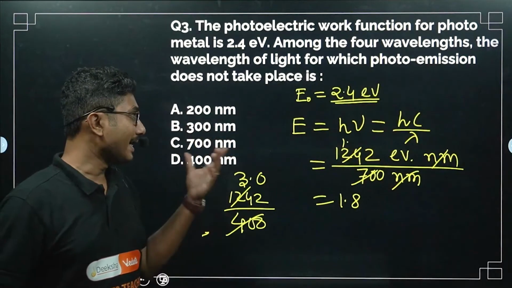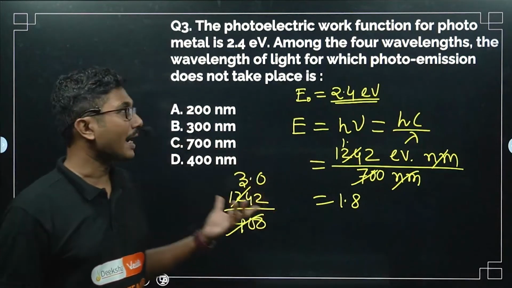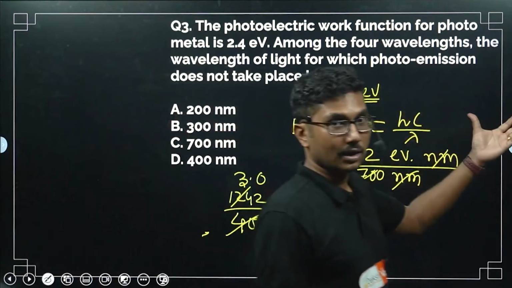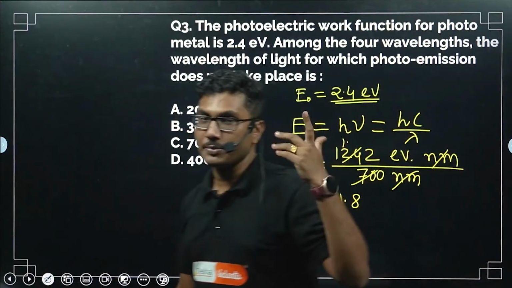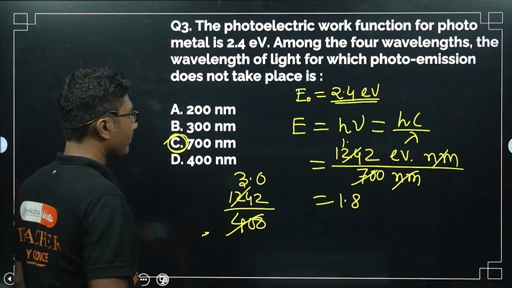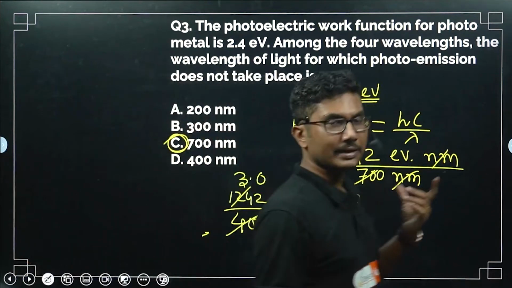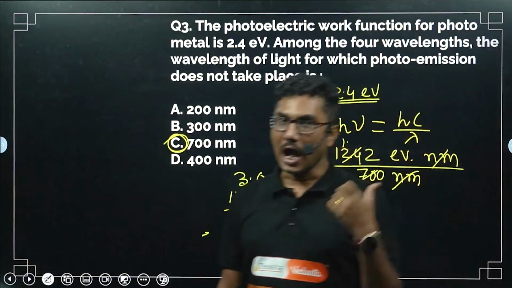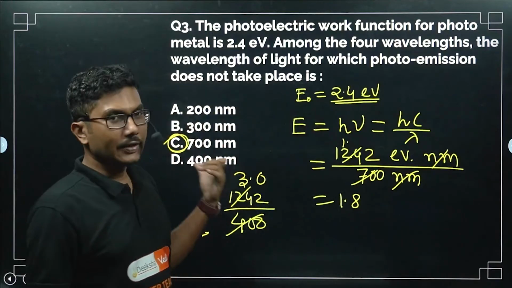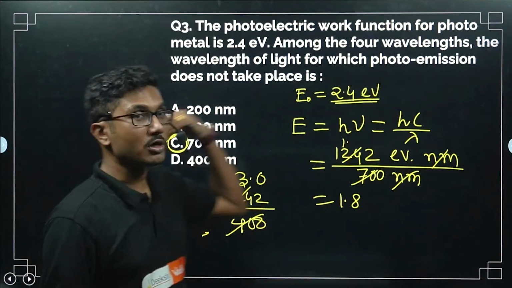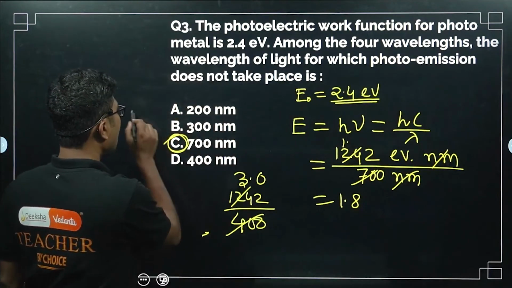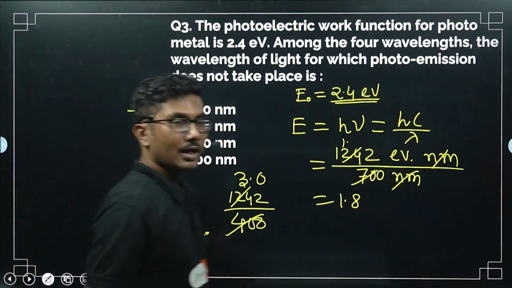In case of photoelectric effect, you should remember that when it says photo emission is not possible, always choose the highest given wavelength. And if it asks where photo emission is possible, then choose the lowest given wavelength.